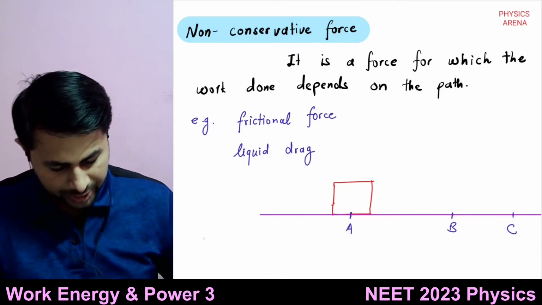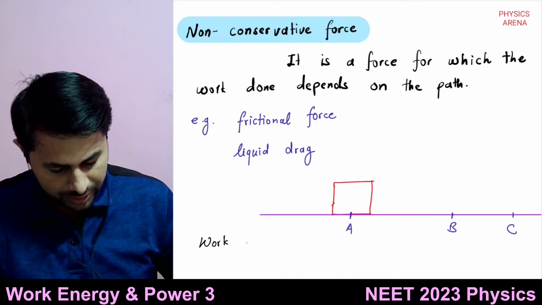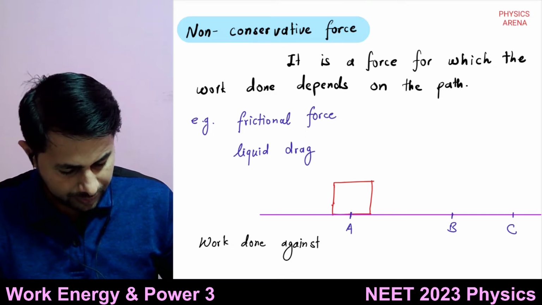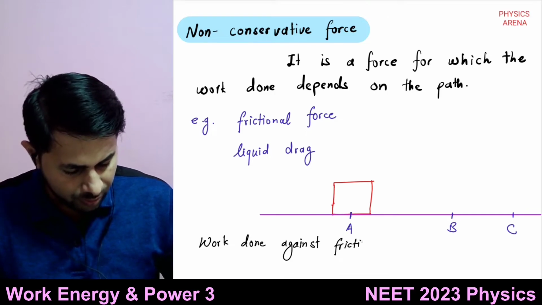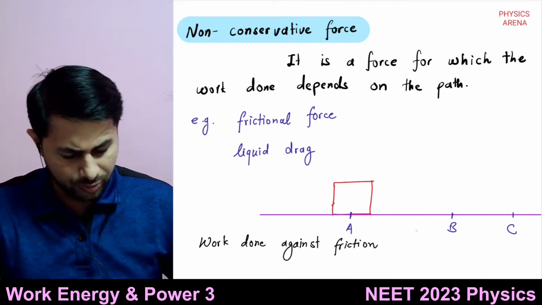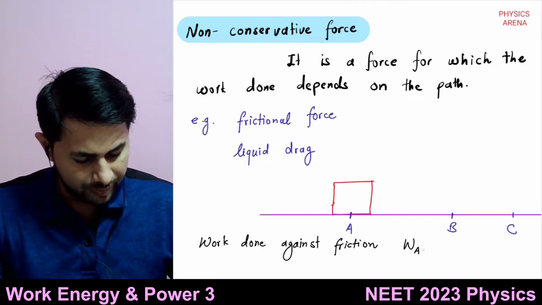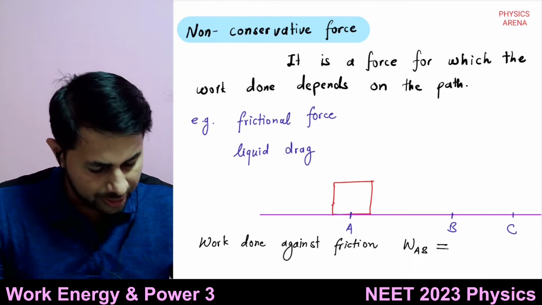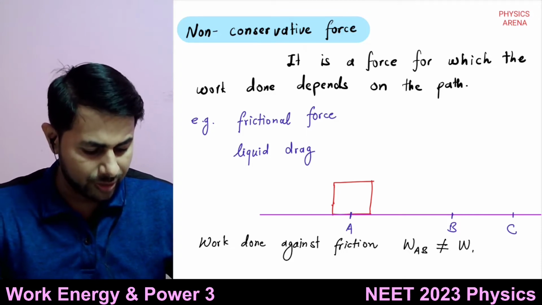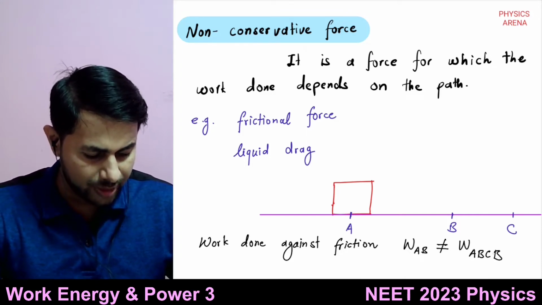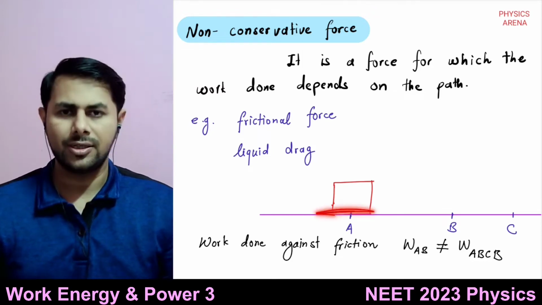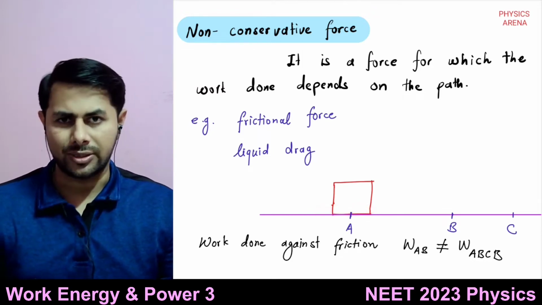So the work done against friction to move this block from A to B directly is not equal to the work done to move it from A to B to C to B, right? So this kind of force is known as a non-conservative force.